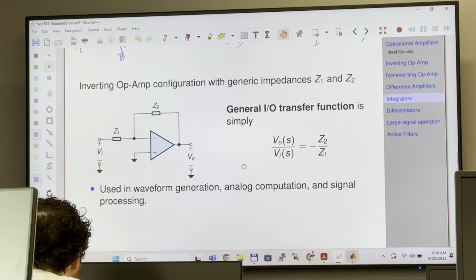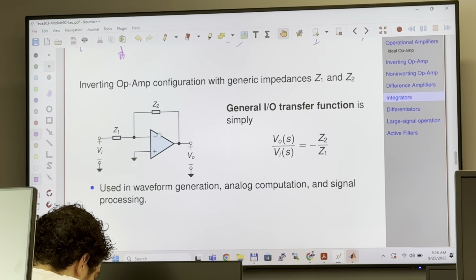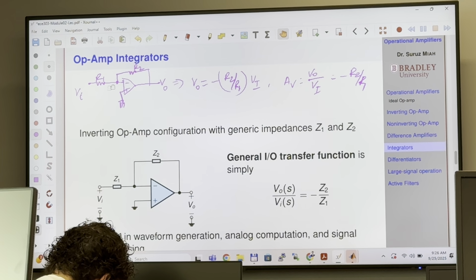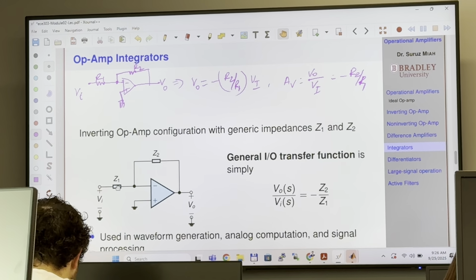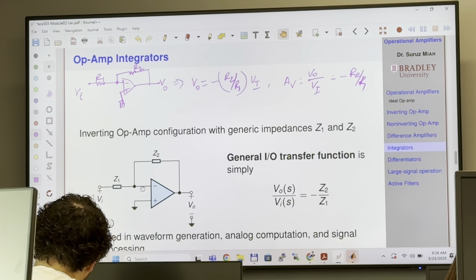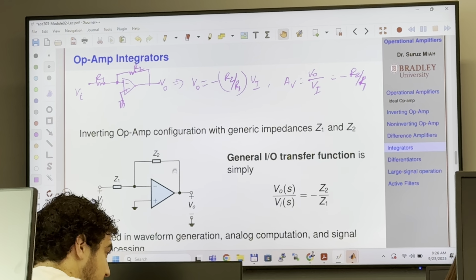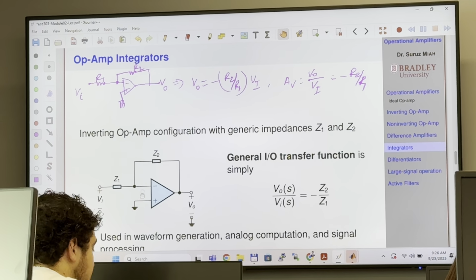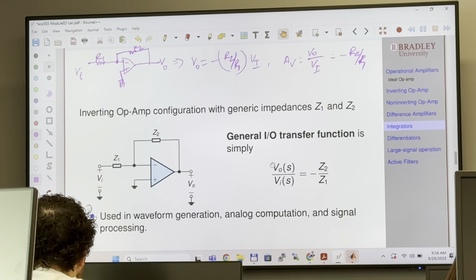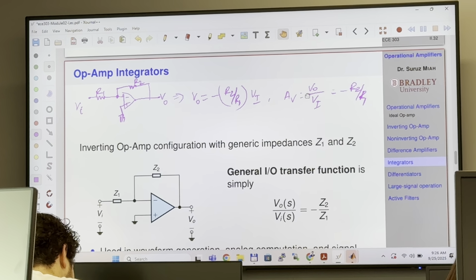Okay, so we have the inverting configuration. Here, instead of resistances, we put impedances: the impedance connected to the inverting input terminal, and the impedance connected from the output to the inverting terminal. And then the voltage gain, for a resistor network, is simply negative R2 over R1.